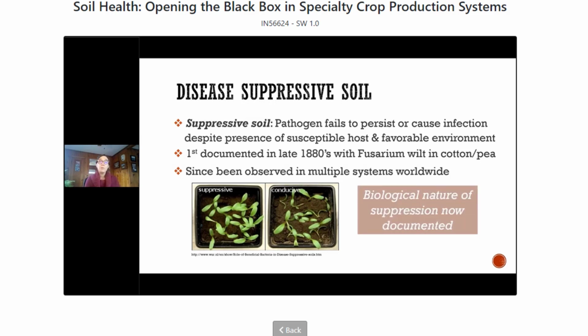And there's been quite a bit of work to demonstrate really that this is due to biological processes. So if you take those suppressive soils and pasteurize them to kill the organisms living in them, then they act more like a conducive soil. And this is due to a number of different direct and indirect mechanisms.